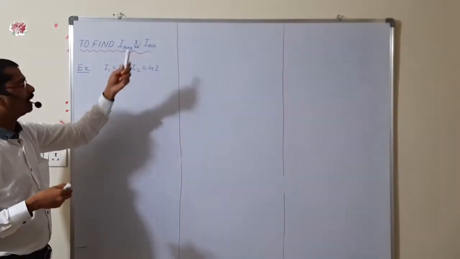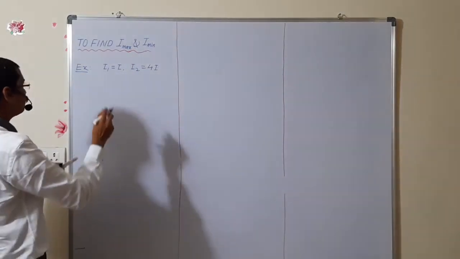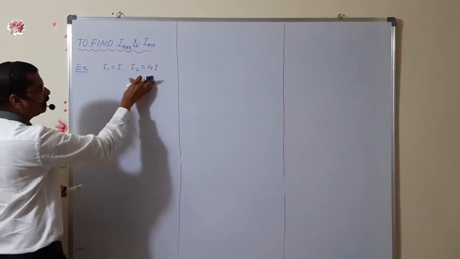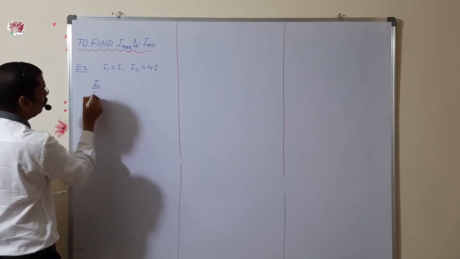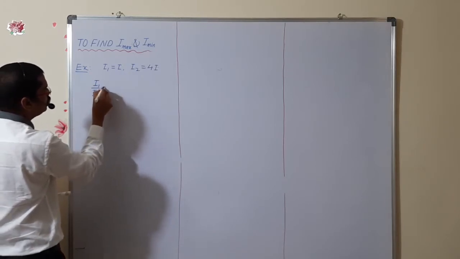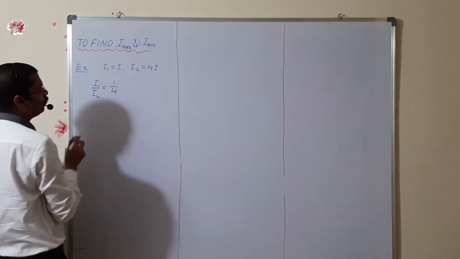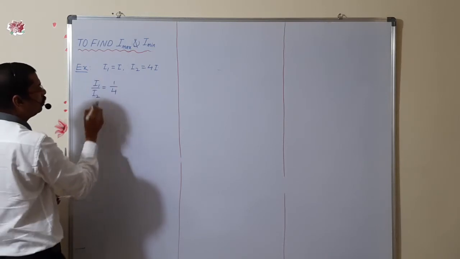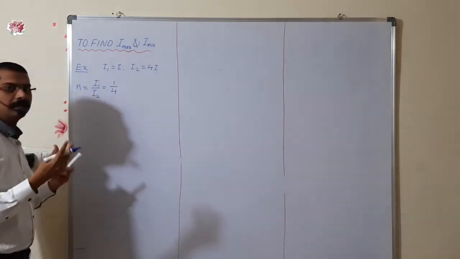To find the maximum and minimum intensity we have one formula. Otherwise we can take the ratio also. I1 upon I2 is equal to 1 upon 4. This I1 upon I2 value, we consider as n.